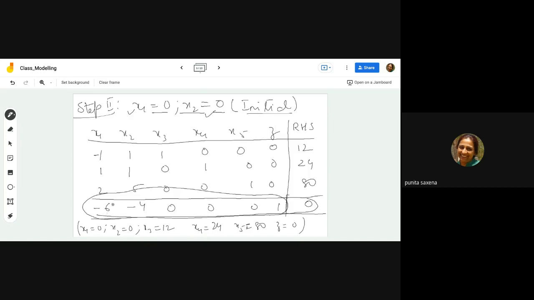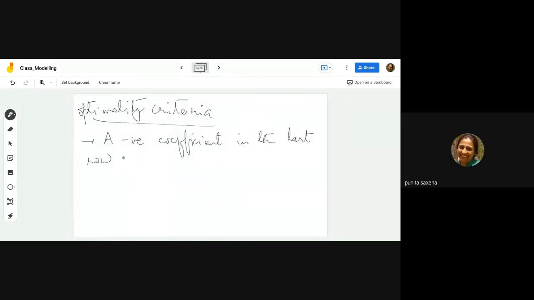Is this clear? So we say that a negative coefficient in the last row, which can also be called the z row. In some books you will see that this row is called the z row or the objective function row, whatever you want to call it. Any negative coefficient present in the last row indicates that the current solution is not optimal.